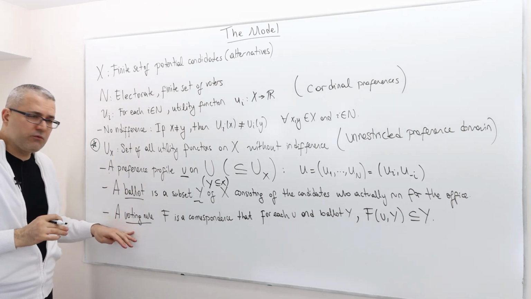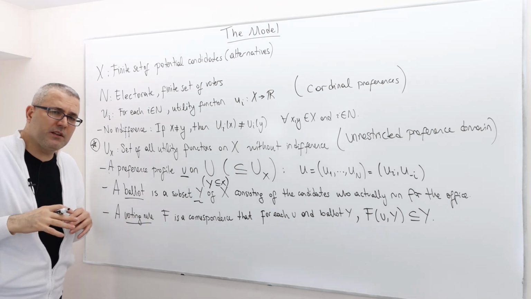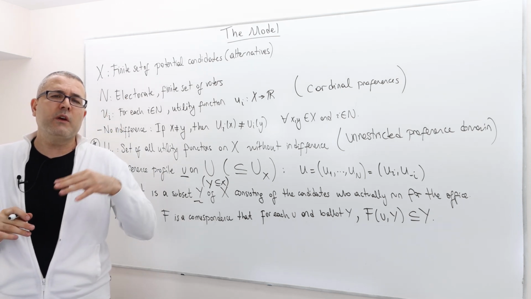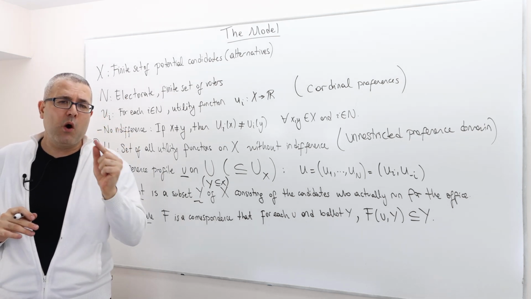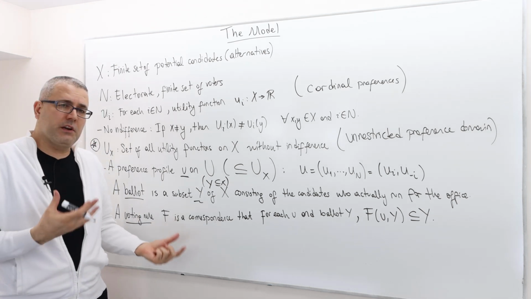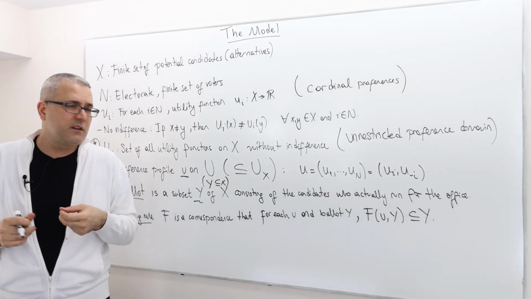A voting rule F is a correspondence, not a function. Remember the difference between a function and a correspondence. A function will always give you one and only one value for each element in its domain, but a correspondence may give you more than one value, so it's not one-to-one.